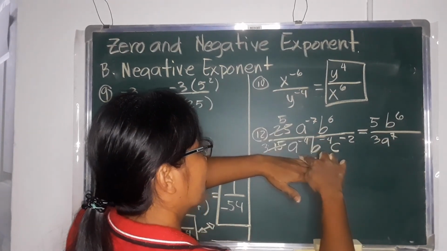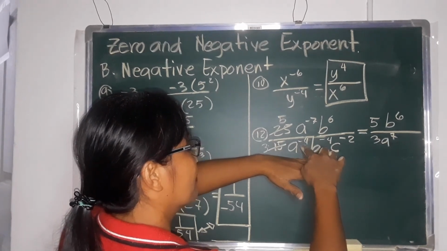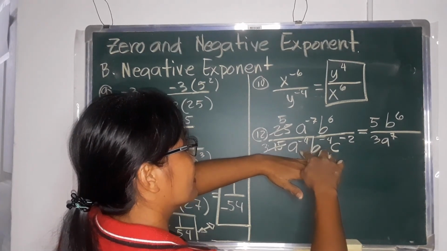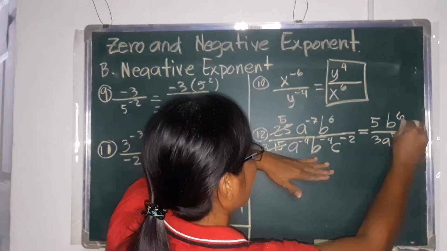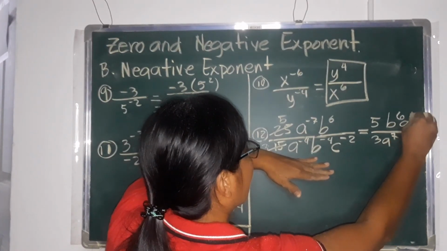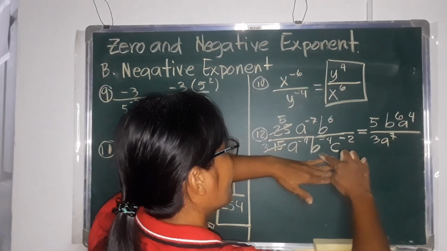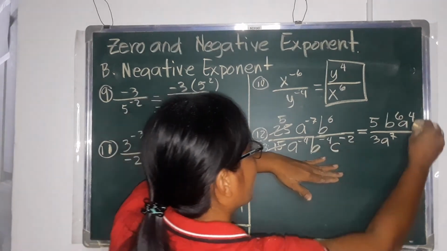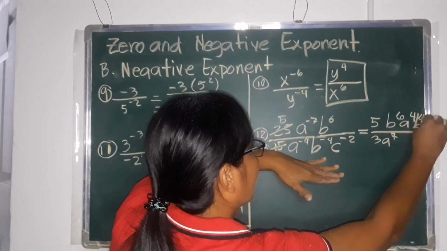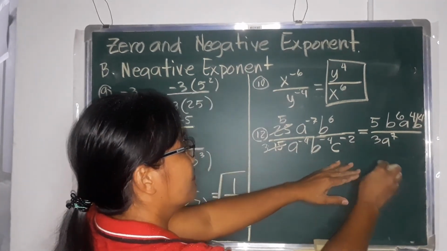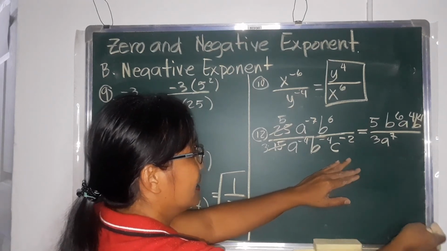Next, denominator, a squared to the negative 4th power. So since it's on the denominator, let's move to the numerator, which is a to the 4th power. And then b, it is negative, so move to the top, b to the 4th power. And c is negative, so let's also move on the top.